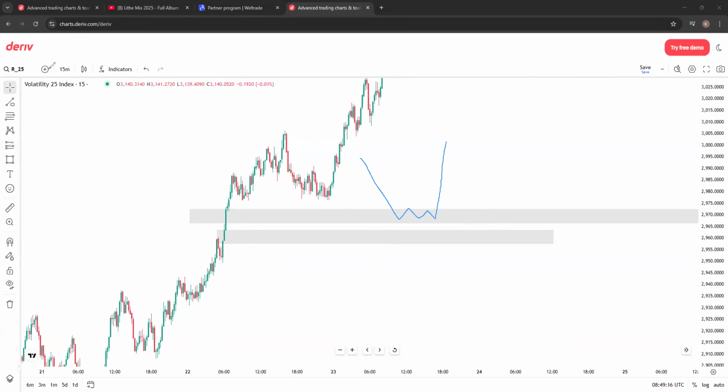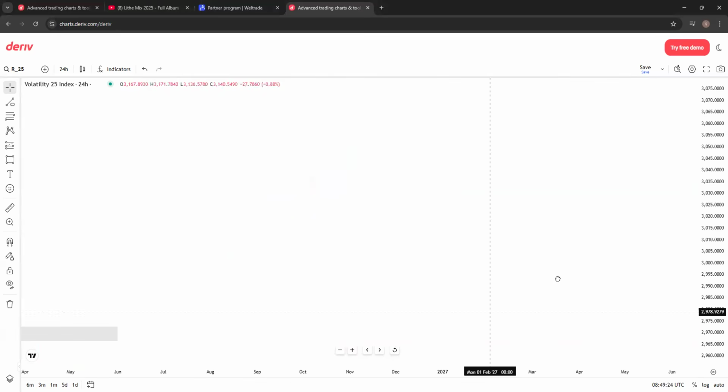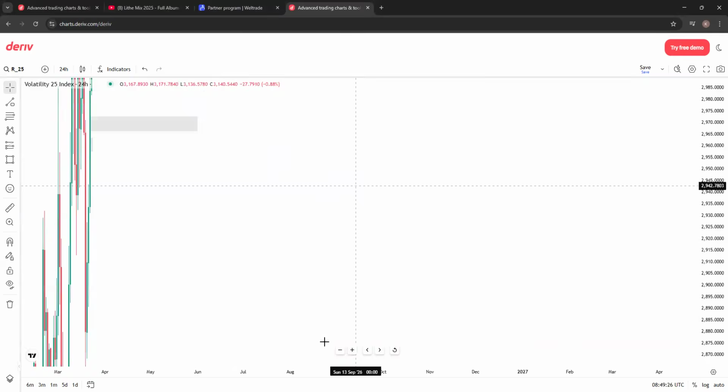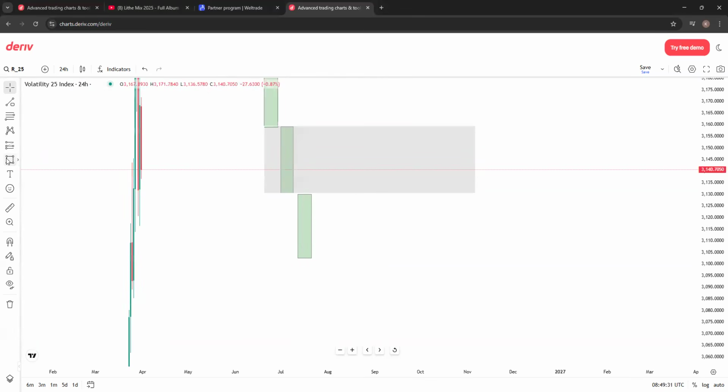So unlike order blocks, when we are using fair value gaps for our entries, we have to wait for the fill of the 50%. It has to fill 50% of that gap. So when price comes, you simply mark the 50% of your gap.